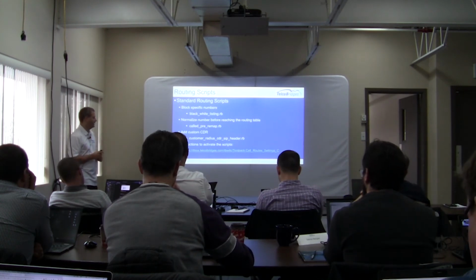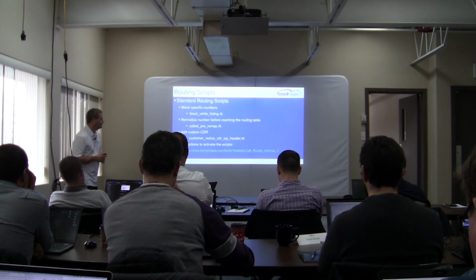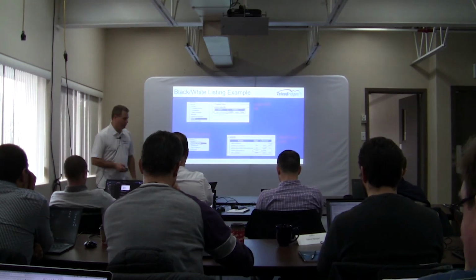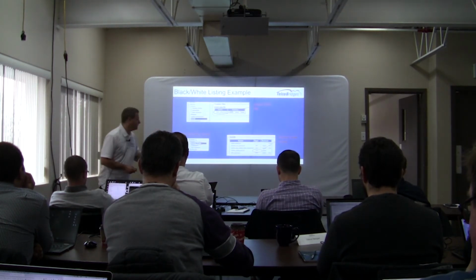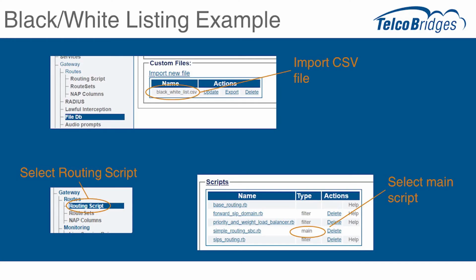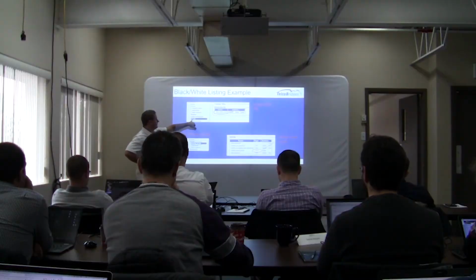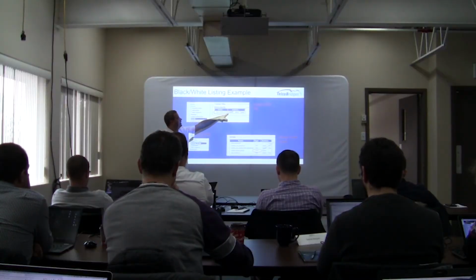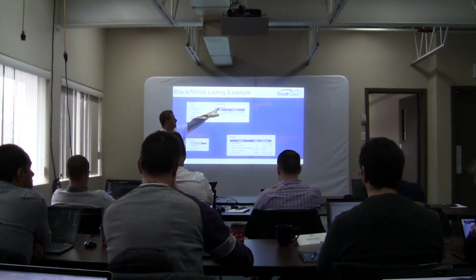There are some instructions to activate the scripts, but I will show you one, which is black-white listing. First, you go in FileDB and you upload, it says here import new file, or you can update it later.